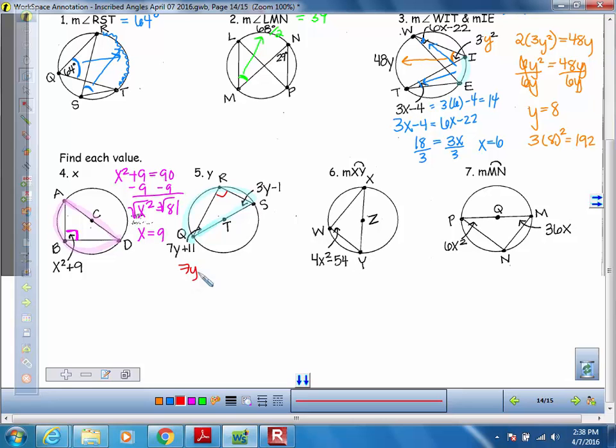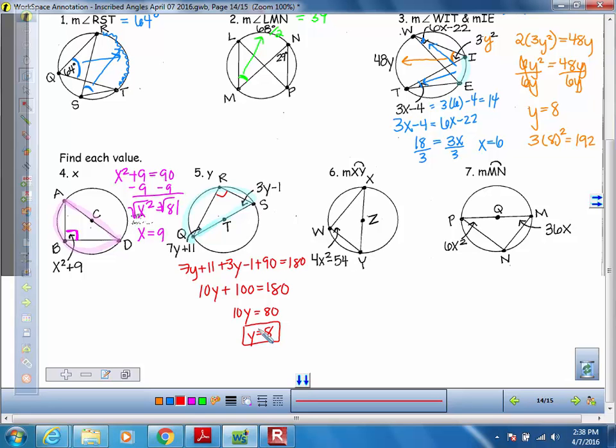So we could do 7y plus 11 plus 3y minus 1 plus 90 equals 180. If I combine my like terms, that's going to give me 10y plus 100 equals 180. I'd move my 100 over, which would give me 10y equals 80. Divide by 10, and y equals 8.